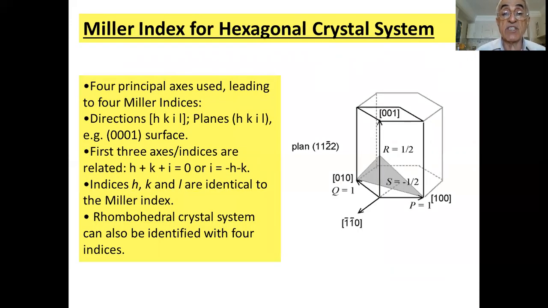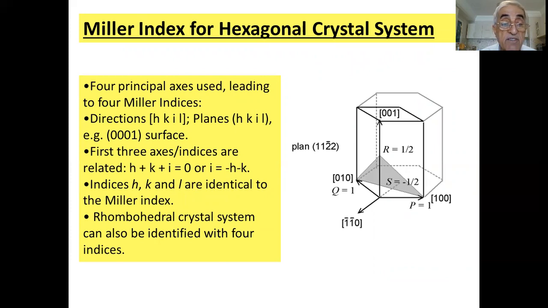Miller index for hexagonal crystal structure. 4 principal axes are used, leading to 4 Miller indices. Direction hkl, plane hkil, for example the 0, 0, 0, 1 surface. It can be seen here.